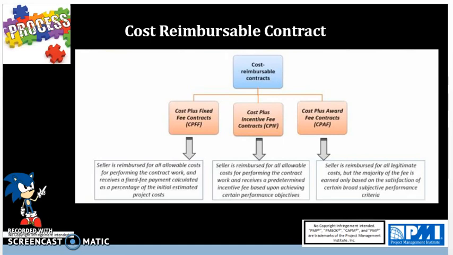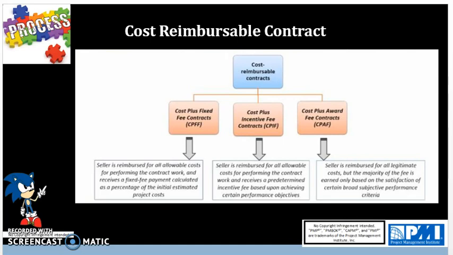Then you have cost plus incentive fee contract, which provides for the seller to be paid for actual costs plus a fee that will be adjusted based on whether the specific performance objectives stated in the contract are met. In this type of contract, an original estimate of the total cost is made and a fee for the work is determined, a target fee. The seller gets a percentage of the savings if the actual costs are less than the target cost, or shares the cost overrun with the buyer.